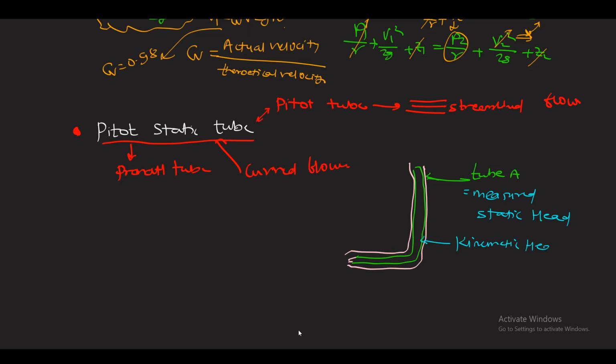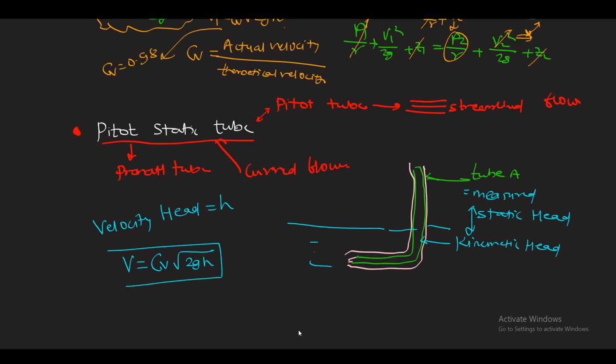The difference between these two gives the velocity head, and this is nothing but the h. So can we use the same formula here? Of course, the same formula we can use: velocity V equals Cv into the square root of twice gh.